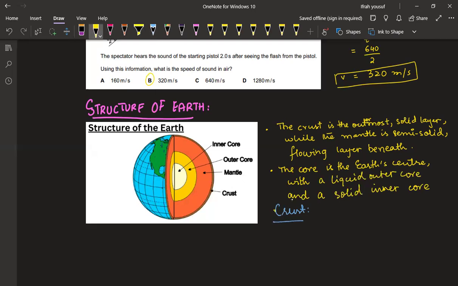The outermost layer, relatively thin, right? And rocky.